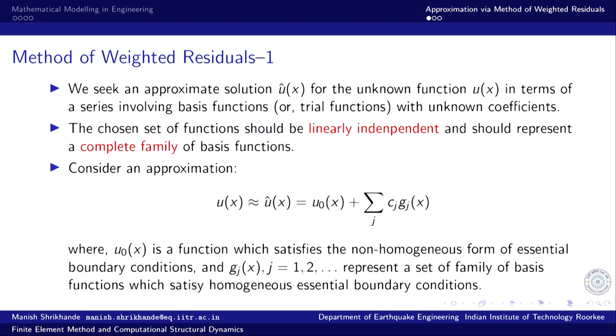So, at the end of these weighted residual statements, we will end up with a series of algebraic simultaneous equations in terms of the unknown coefficients Cj, C1, C2, C3 etc. And these simultaneous equations can be solved using any usual linear solver.